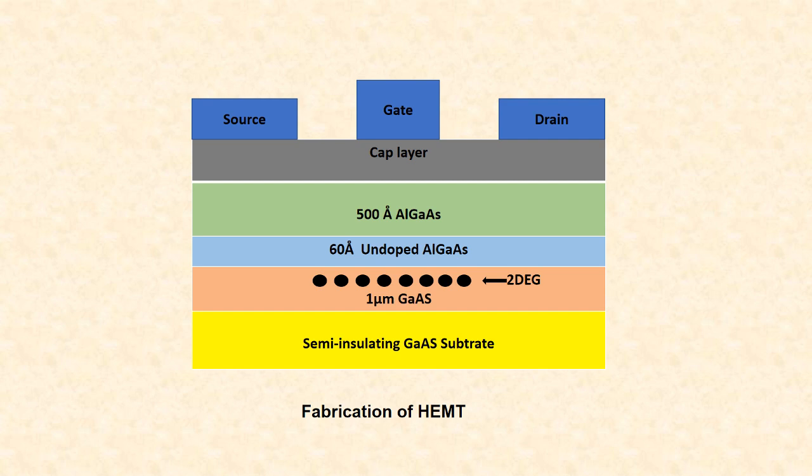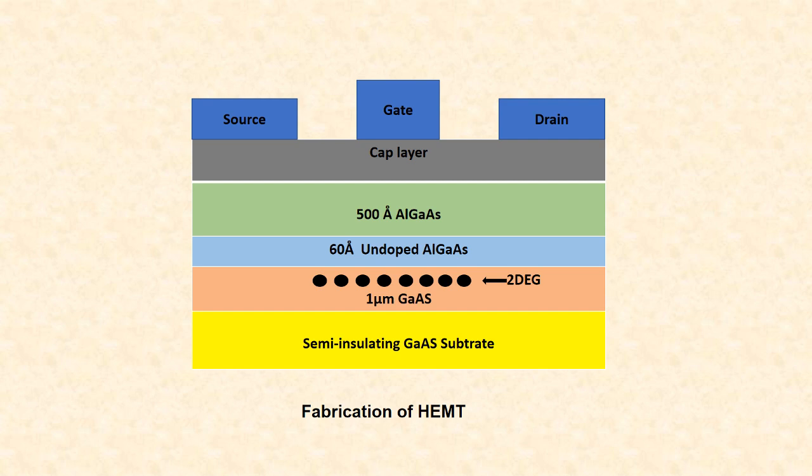Next, we will see about the fabrication of HEMT. In the manufacture of HEMT, the substrate is made of semi-insulating gallium arsenide layer. Above this, an intrinsic layer about 1 micron thick of gallium arsenide is set down.